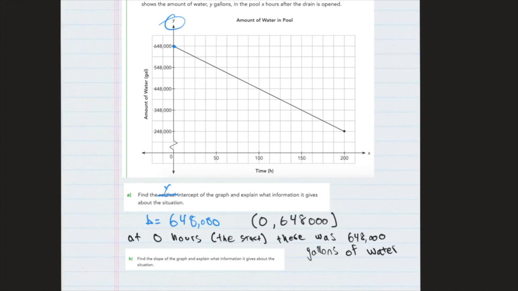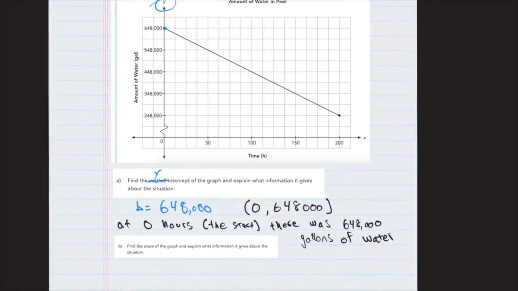So we're using our x and y variables, what they represent, in order to say what the numbers we're finding represent. In this case, I'm using the fact that I know x is 0 when the vertical intercept occurs, and I know the vertical intercept number is 648,000.